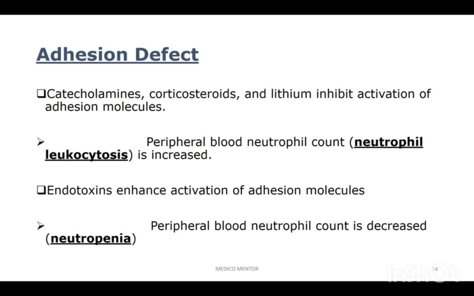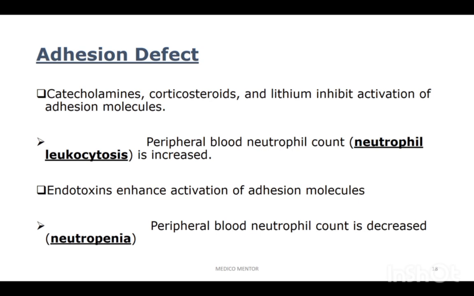The neutrophils that are adhered to the endothelium do not participate in the peripheral blood neutrophil count. So anything that increases the activation of adhesion molecules will decrease the peripheral blood count. Similarly, anything that inhibits the activation of adhesion molecules like ICAM or the beta 2 integrins will increase the peripheral blood neutrophil count.